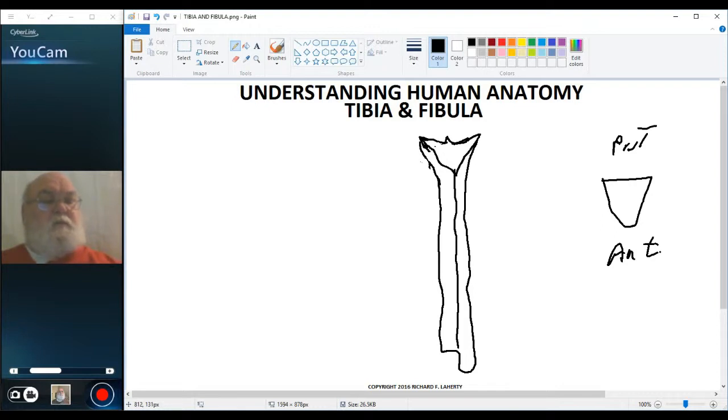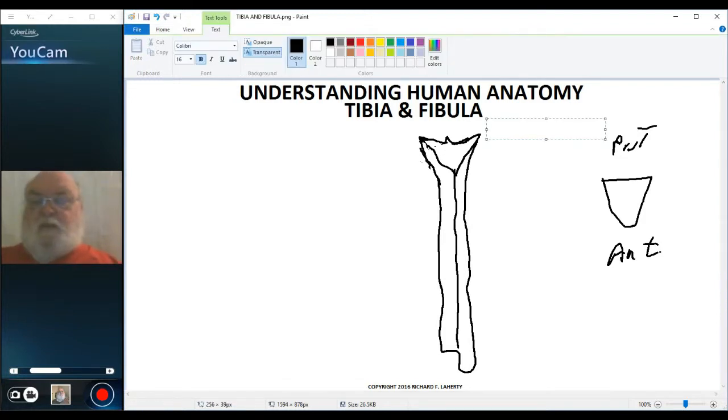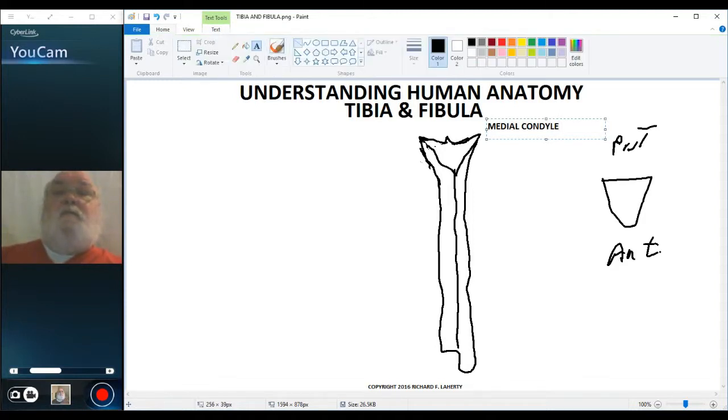So let me start putting some labels in. We'll start with the medial condyle. That articulates with the medial condyle of the femur.